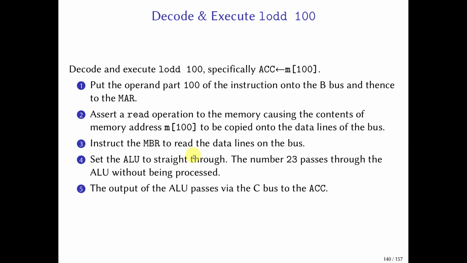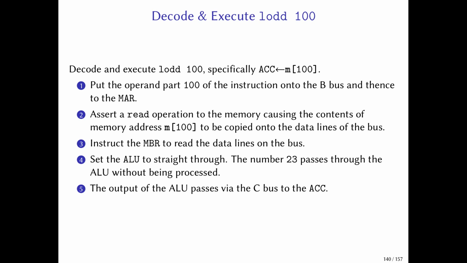Having fetched the machine code instruction lodd 100, we now go ahead and execute it. We've seen this instruction several times before, but basically we're going to execute lodd 100, load direct. If we consult our table of machine code instructions, you can see that the effect of that is that the value specified by the operand, which is a memory address, is copied to the accumulator.